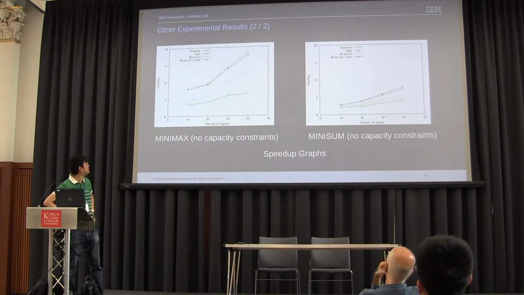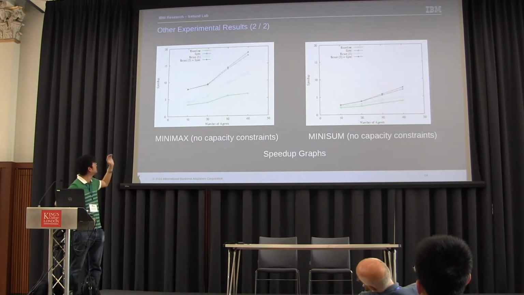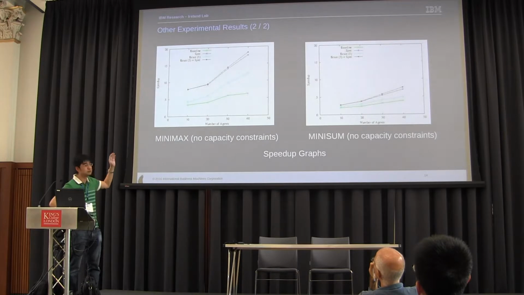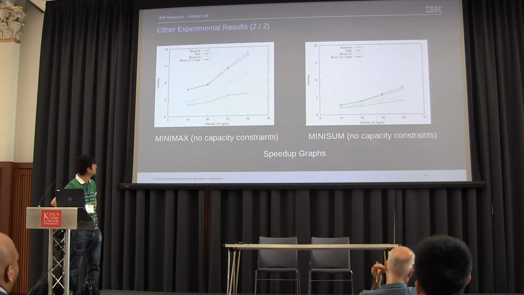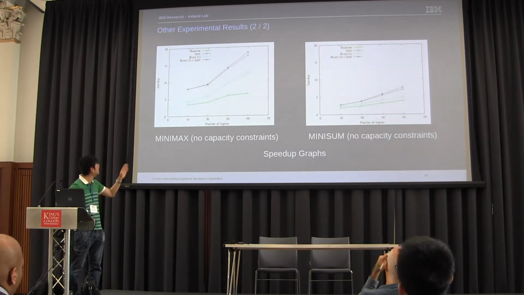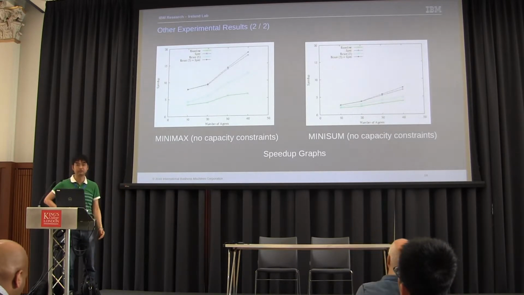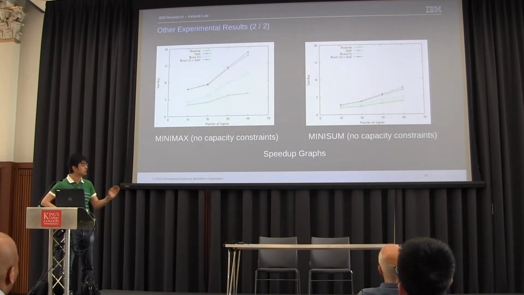This is the case of minimums. If we add the broadcasting technique, we get a better speed up. Adding speculation has a higher impact, but combining both gives a slightly more improved speed up, resulting in something like 18-fold speed up in the case of 40 agents.